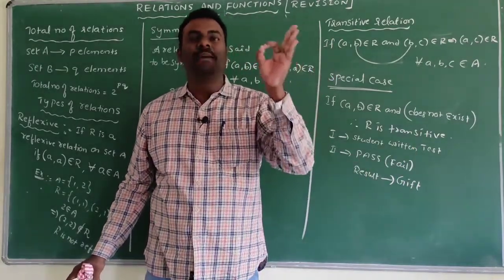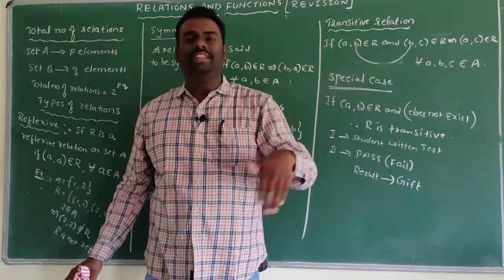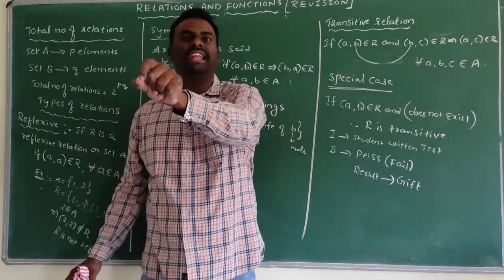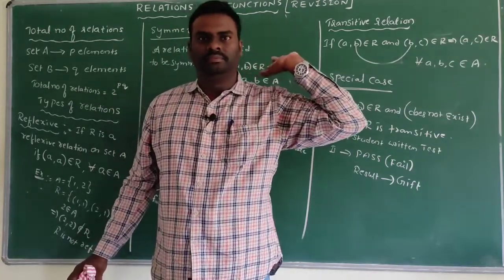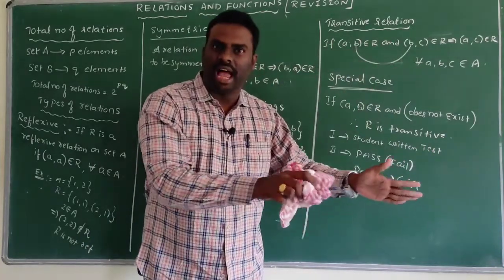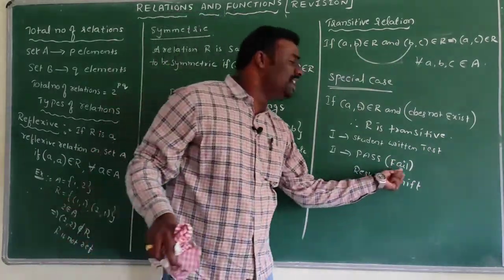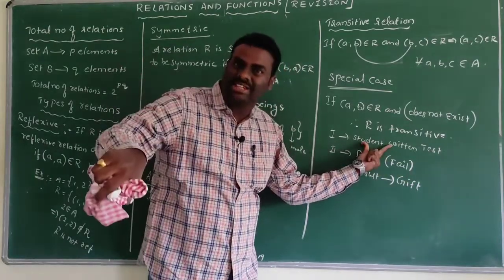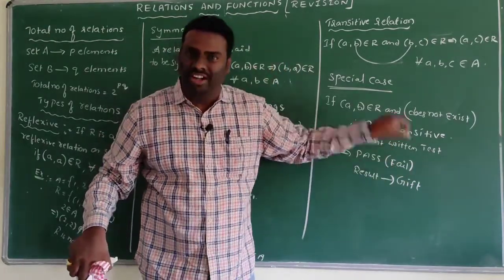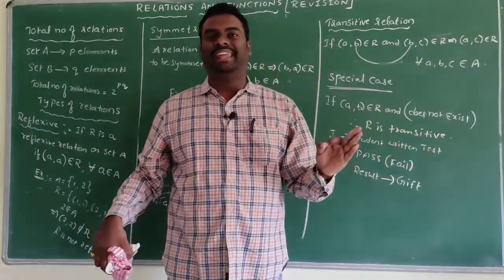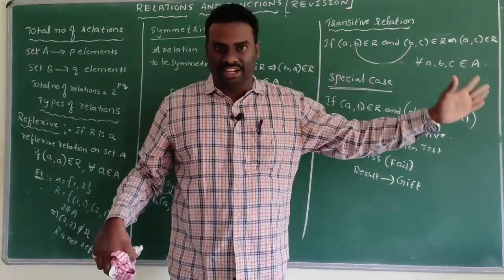That statement is absolutely true: if the student passes, he will get a gift. That statement is still correct. I stick to the statement, but the student failed. Means the first relation exists, but the second relation does not exist. In this case also, by default it can be taken as transitive relation.